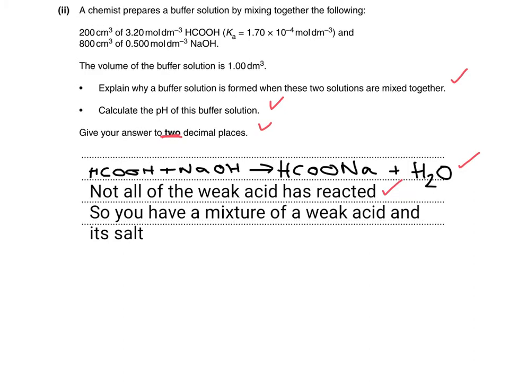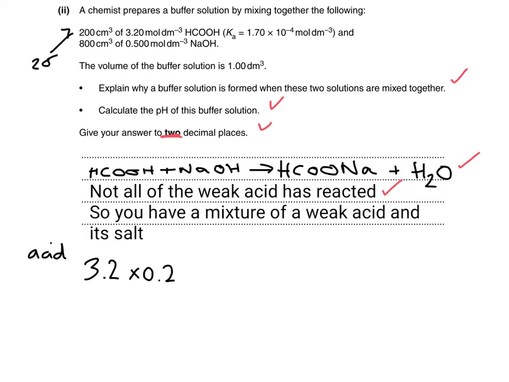Okay, so next step is asking us to calculate the pH. So what we need to do is work out the number of moles that we have after it's reacted. So we started off with, if I look at my acid first, we have a concentration of 3.2 and a volume of 0.2 decimeters cubed.